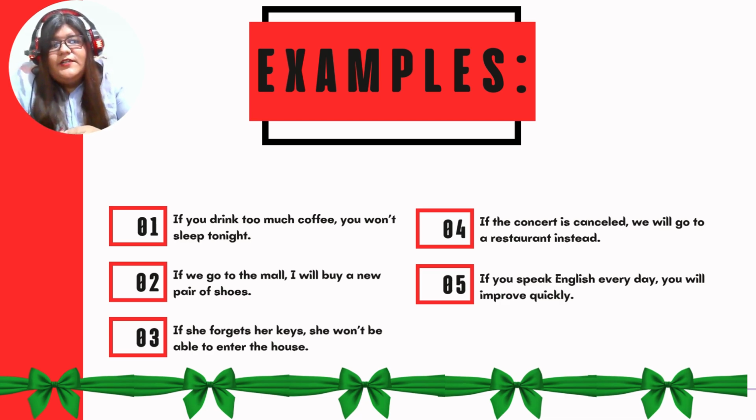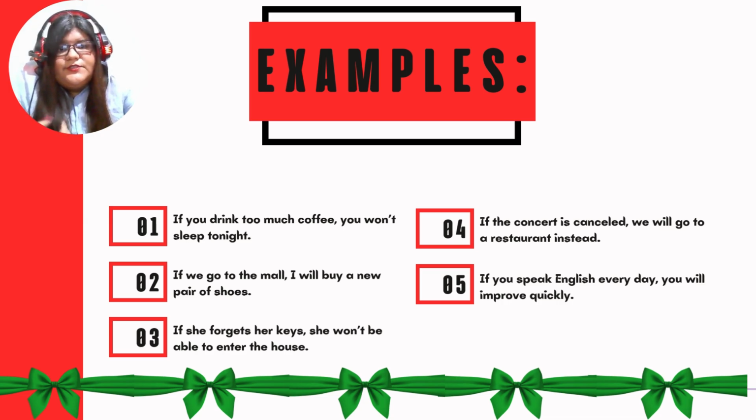It doesn't matter if it's vocabulary or watching movies, you should practice it. It's really important if you want to be a pro or at least have a good level in this language or in others. So, this is a general fact or truth. If you speak English every day, you will improve quickly.